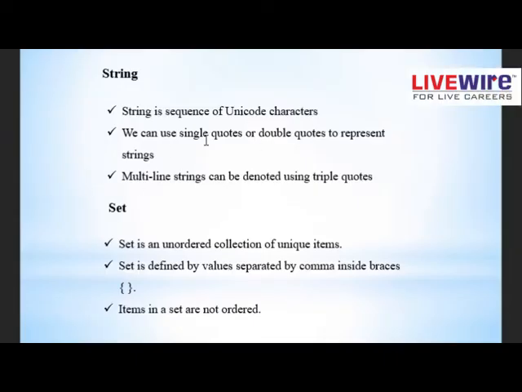Now we'll move on to sets. A set is an unordered collection. A set must be denoted using curly brackets. Items in a set are not ordered. It is an unordered collection.